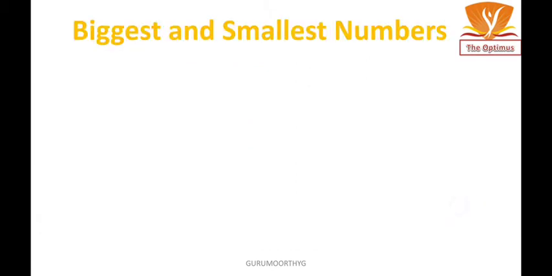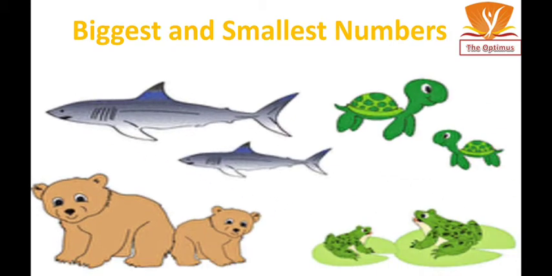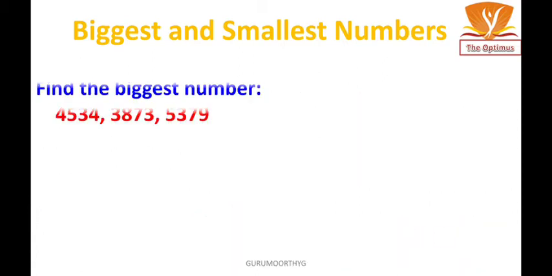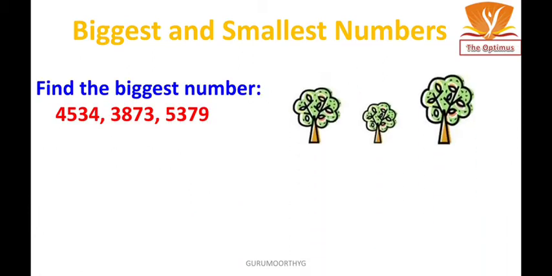The next topic is biggest and smallest number. Here we want to find the biggest and smallest number among the given numbers. Example 1. I am taking three numbers: 4534, 3873 and 5379.